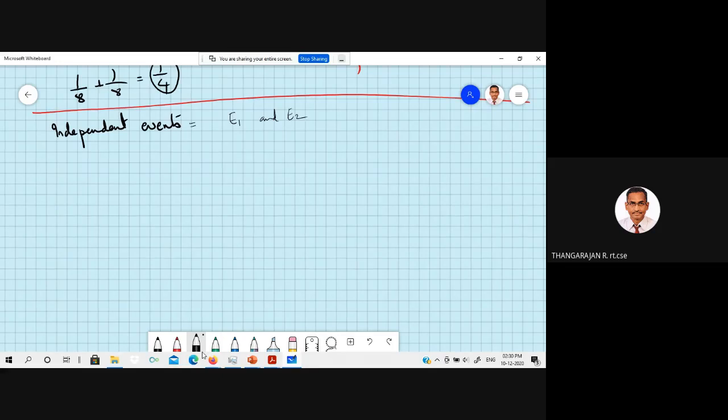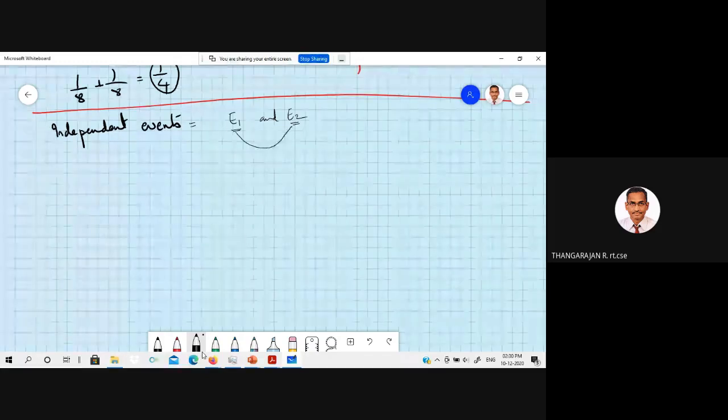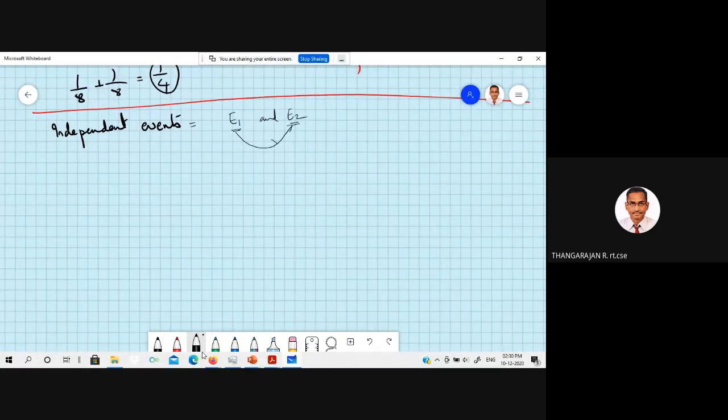If the occurrence of E1 does not affect E2, or vice versa, the occurrence of E2 does not affect E1, in that case we say that E1 and E2 are independent events.